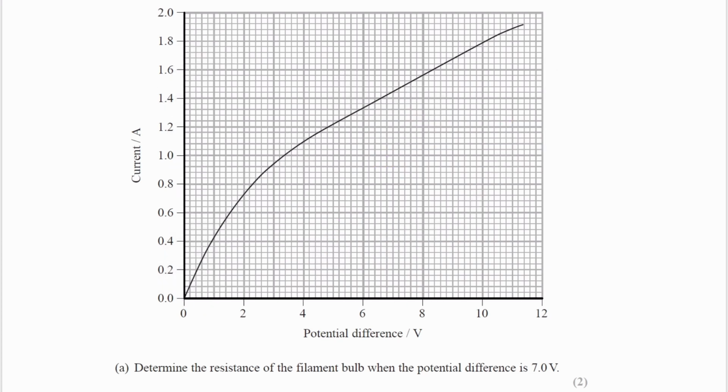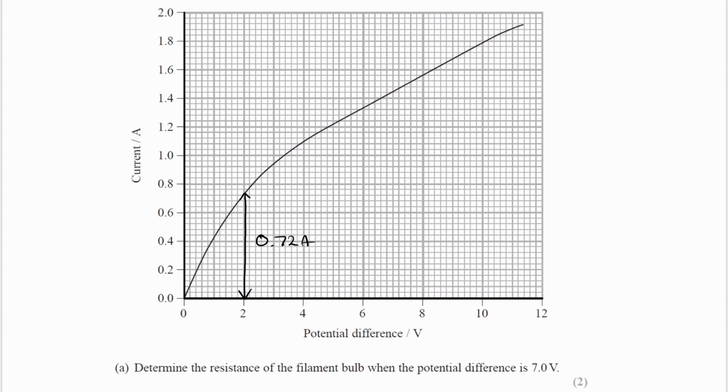If we were to consider different sections of our graph, let's look at low voltages, and let's pick an increment in voltage. Let's say 2 volts. So we're picking an increment of voltage of 2 volts from 0 to 2. We can see from our graph that our increase in current would be approximately 0.72 amps.